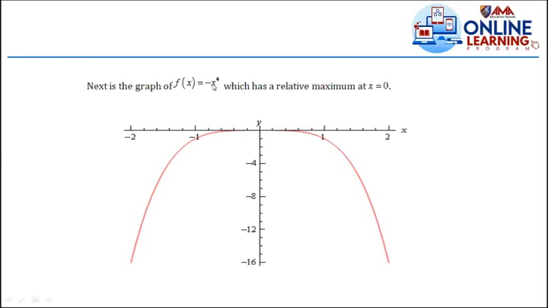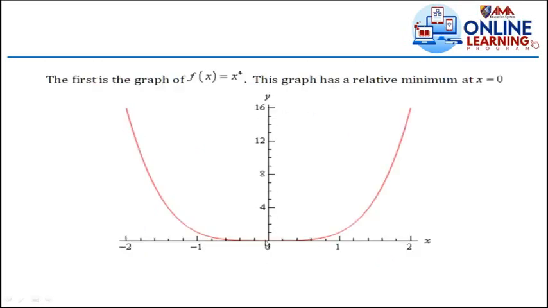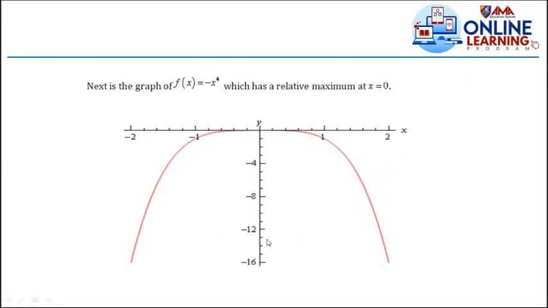Earlier, it was positive, opening upward. Now, it is negative, opening downward. It has a relative maximum at x equals 0. Earlier, we had a relative minimum here because it was below. Now, because it is above, its vertex is our relative maximum.